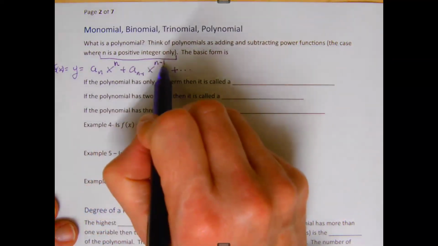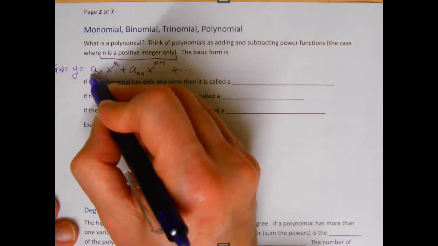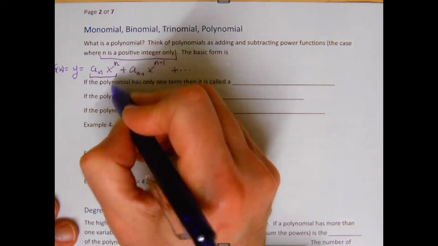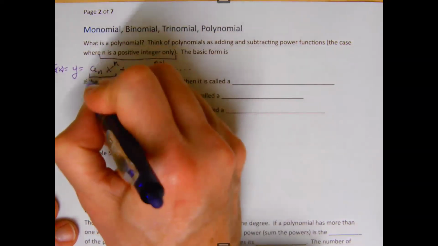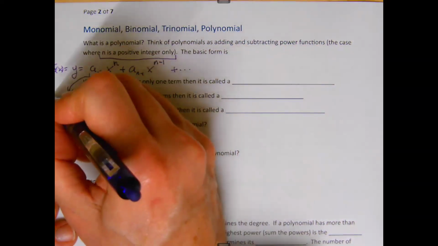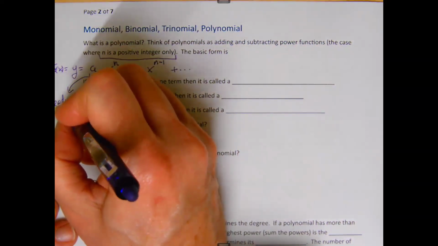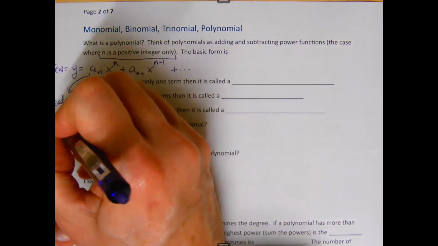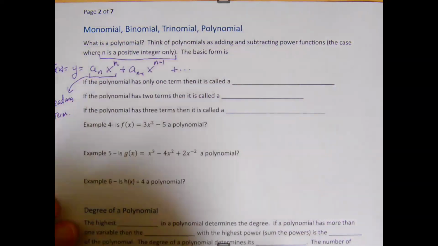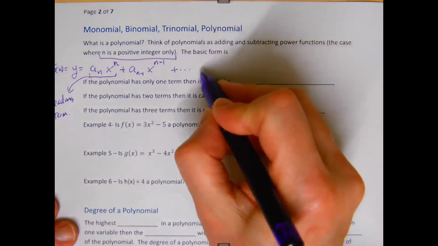And some of these other ones can be 0, but for the first one, the highest power is going to be known as the leading term. And we'll see in a second.